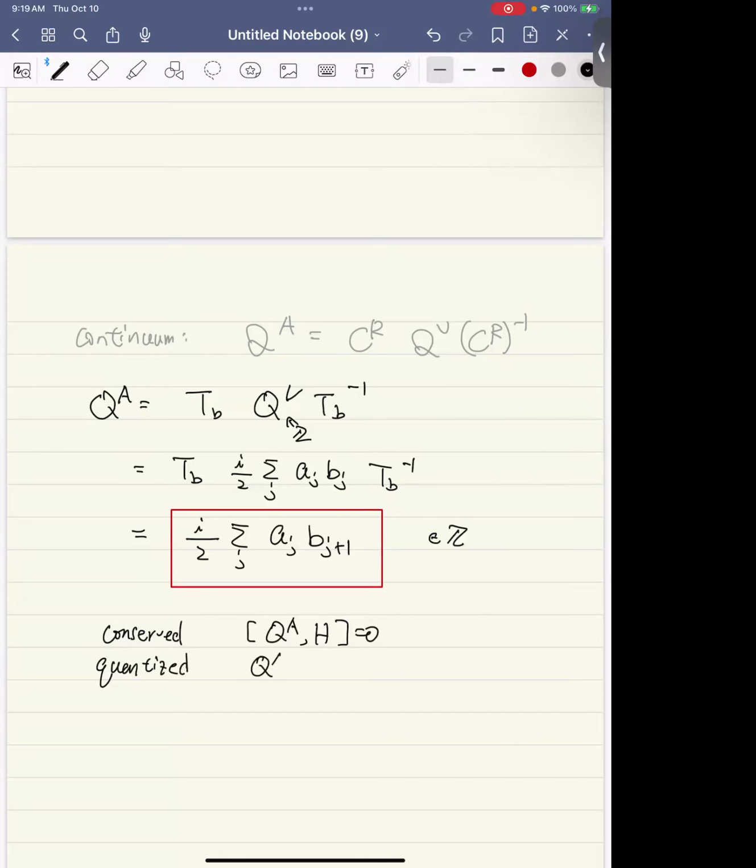By quantized, I mean the eigenvalues of Q_A are integers. And it's a sum of local terms, you see. You should think about the local terms here as the analog of the time component of the axial current. So this symmetry is really as healthy as it can possibly be. It's not entirely on-site, but when it acts on a local fermion, it only spreads it out to the nearest neighbor.